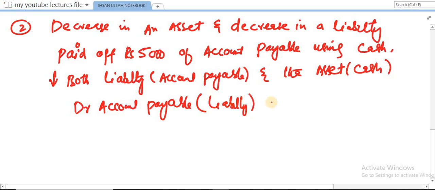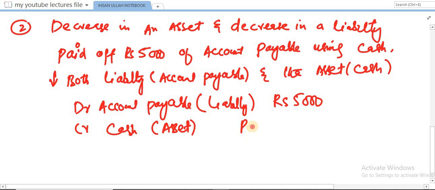So this is the liability with the amount of Rs 5,000, and the credit will definitely be your cash, which is your asset, with Rs 5,000. So we are done with the second scenario, the decreasing effect.